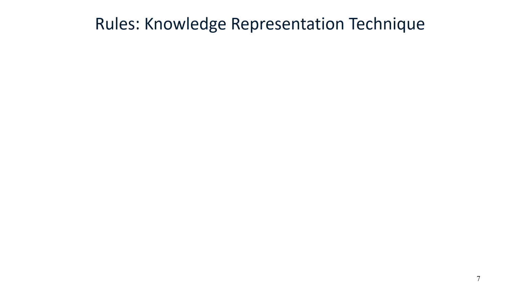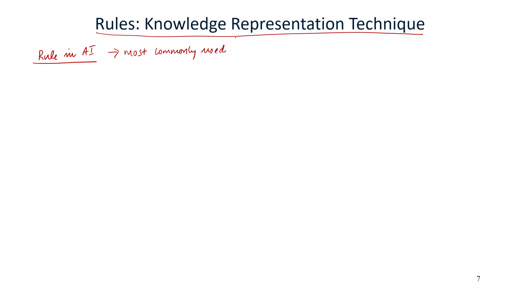Now, let us talk about rules. We use rules as a knowledge representation technique. We talked about production rules. A rule in AI, just looking at it in the simplest way, is the most commonly used type of knowledge representation.